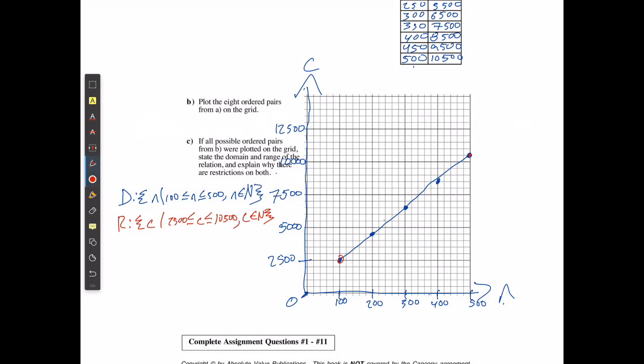Now I know that there's going to be a lot of points that exist, so I still connected the dots in between here, but I'm just going to state that it just has to be natural numbers. All right, get some practice done with this.